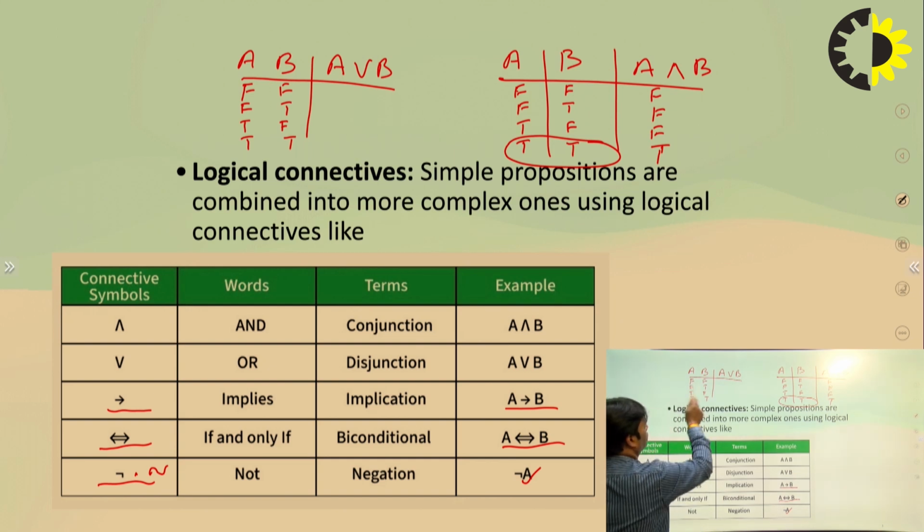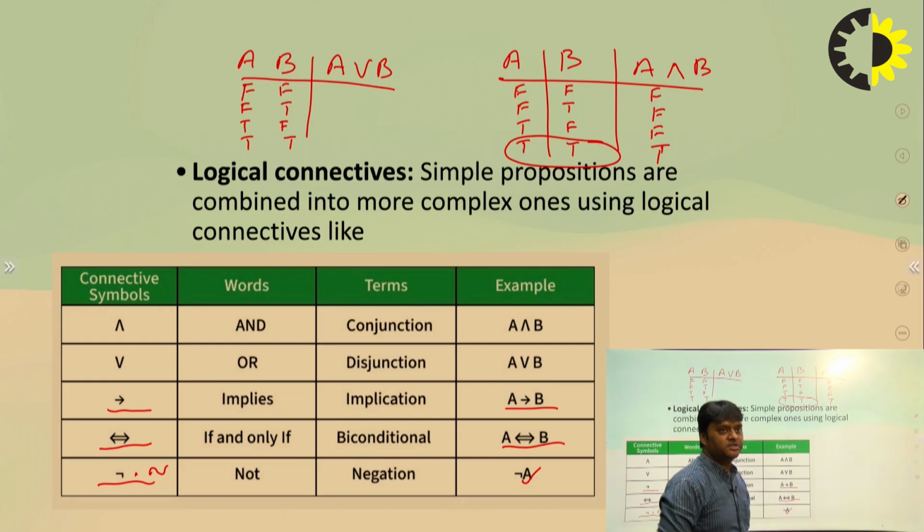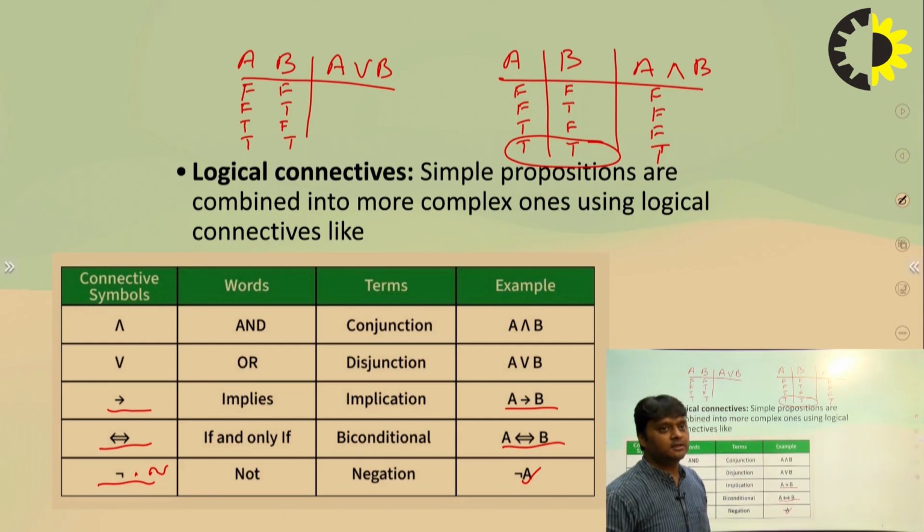If both inputs are false, then the result will be false for disjunction. If any one input is true, then the final result will be true. So here A is false, B is false, then the output is also false.